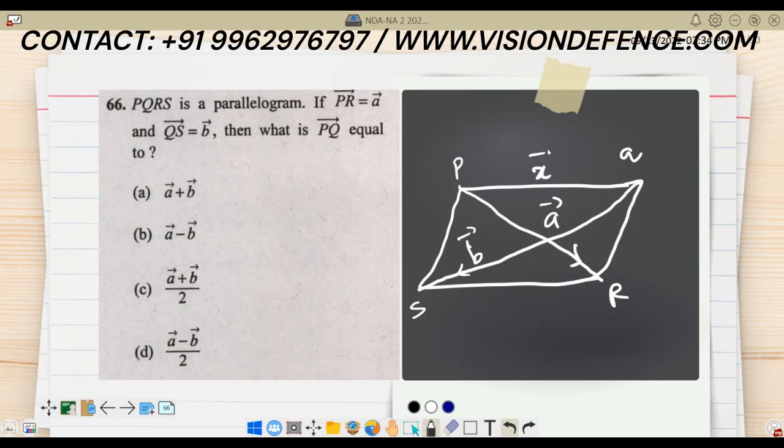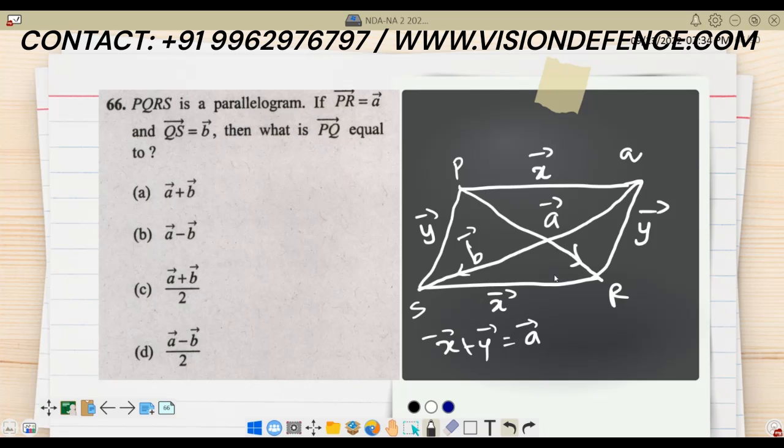So let's take this to be the X vector, and this to be the Y vector. This will also be an X vector, and this will also be a Y vector, because they are all parallel, right? So X plus Y equals the PR vector, so X plus Y vector is equal to the A vector.